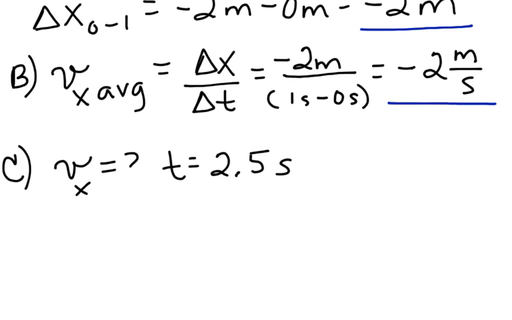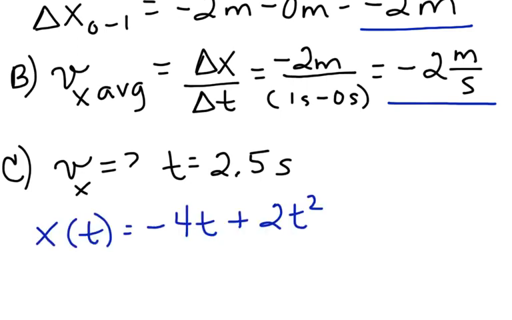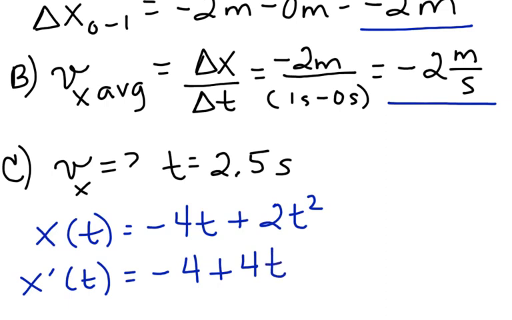Now what I'd like to do is find the instantaneous velocity at a time of 2.5 seconds, again using the same function. So let's write down that function again. So here is our position as a function of time. We want to go ahead and find the instantaneous velocity, so we need to take the derivative of this, which is going to be negative 4 plus 4t.